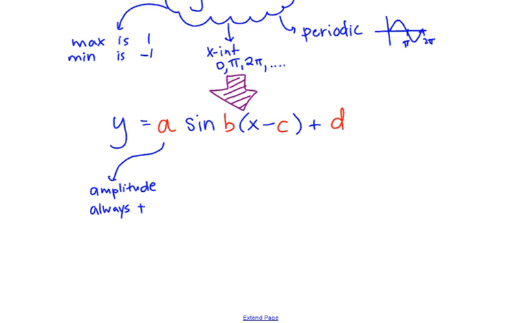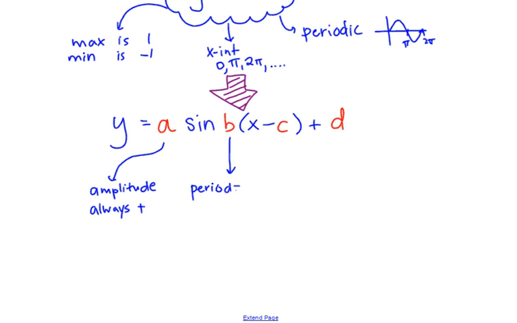Okay. B. What does B tell us? It's related to period. Period is equal to 2 pi divided by b.